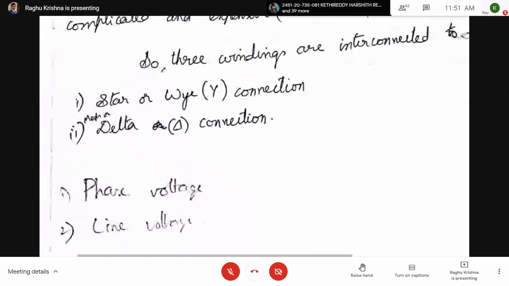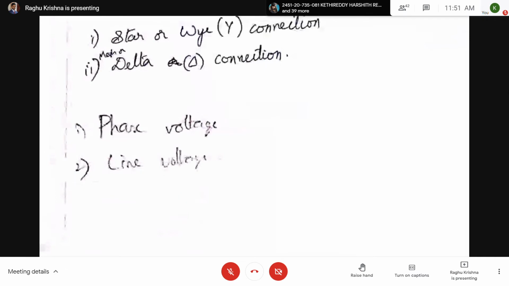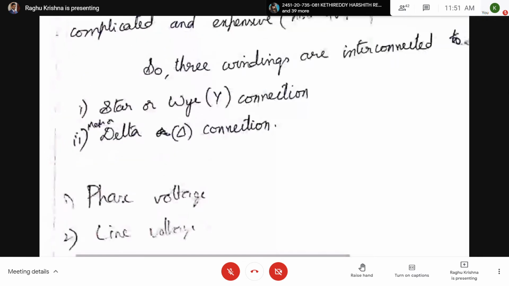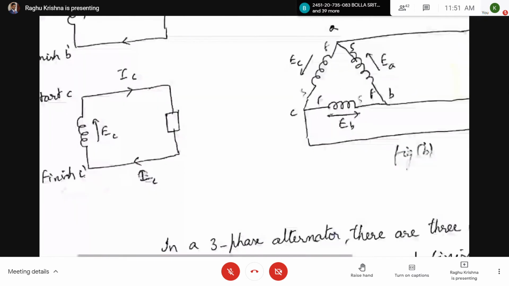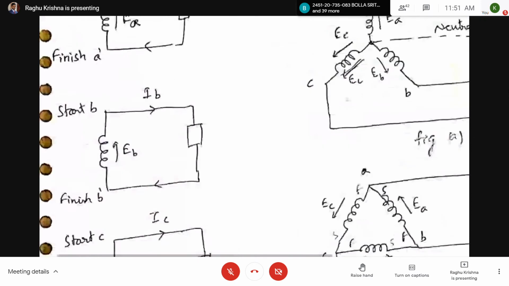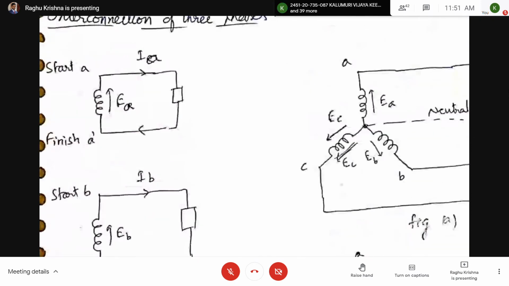Next, you have the phase voltage and line voltage. Now here in the diagram, if you see the first coil, the voltage is EA. EA is the phase voltage. In the star connection also you can see EA, the phase voltage.